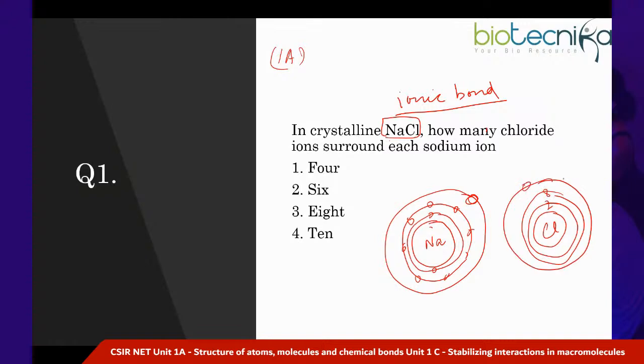Okay, so 7 electrons are there in the valence shell, and it needs one more electron, so that it takes from sodium. Now when this happens, it leads to the formation of ions. Chlorine becomes chloride ion, okay, and sodium also becomes sodium ion.